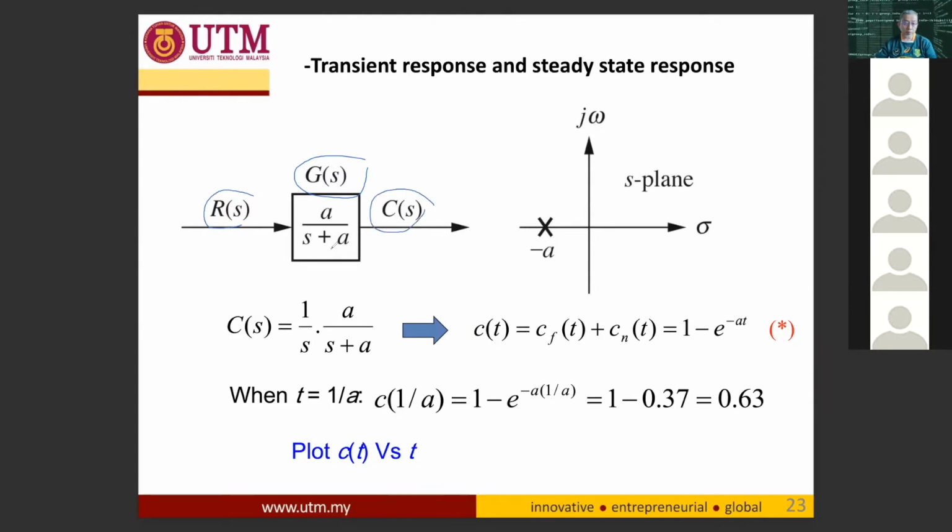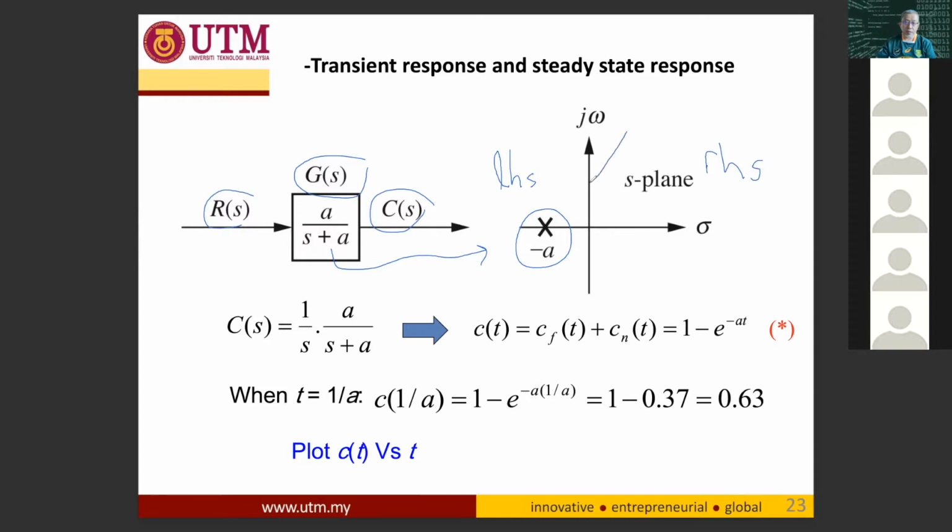From here, the pole value will be S plus A equal to 0, so S is equal to minus A. The location of the pole is on the left hand side of the S plane. This is the LHS, left hand side, sebelah kiri, and this part is the right hand side.